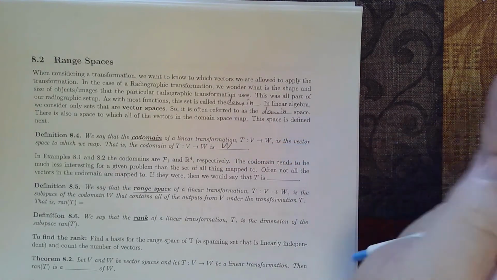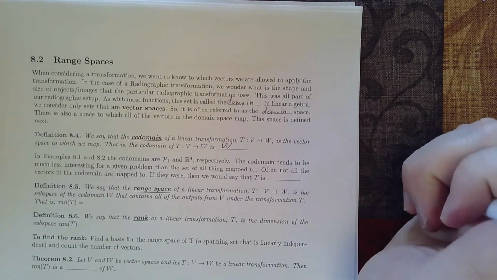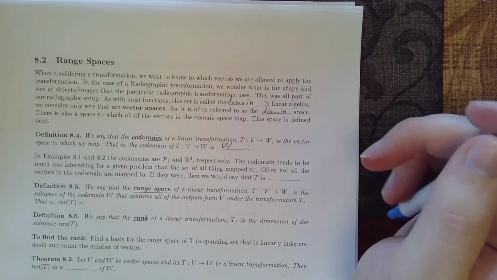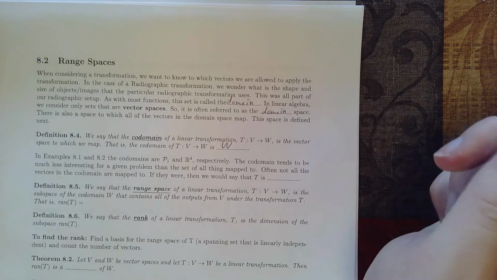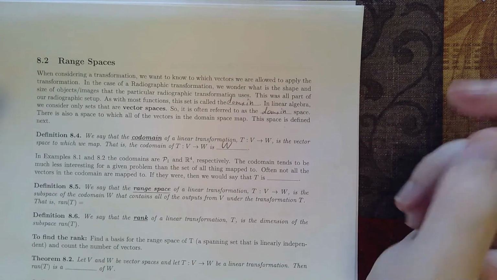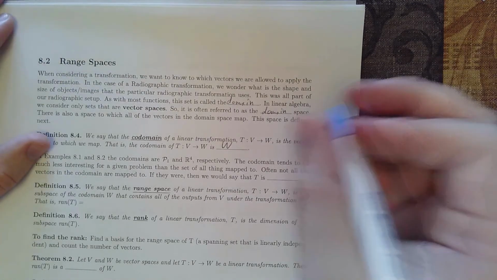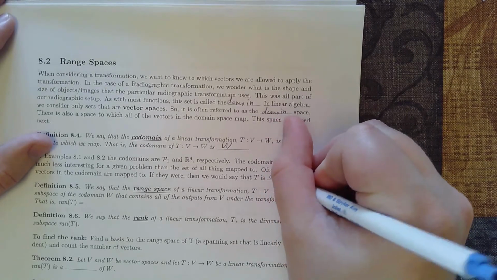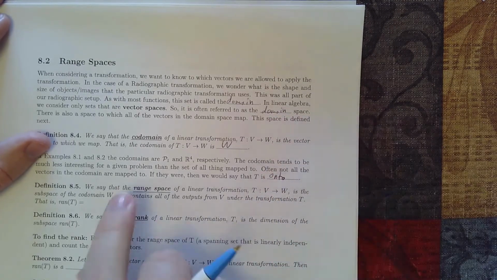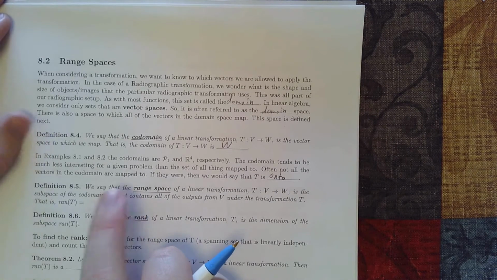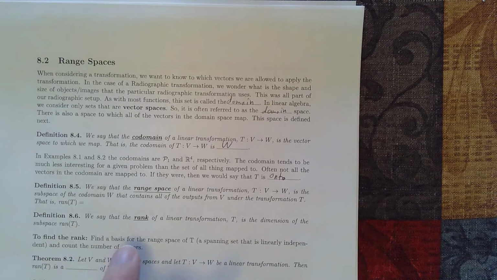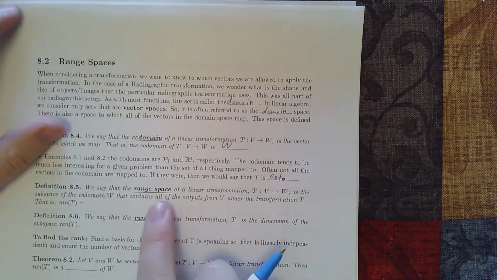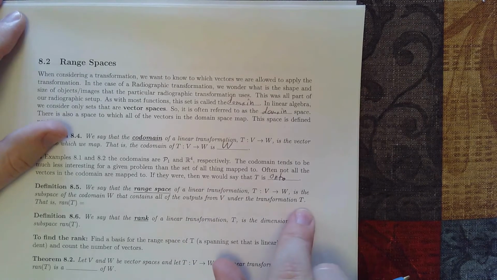The codomain tends to be much more interesting than the set of all the things that get mapped to. Often not every vector in the codomain gets mapped to, and if they did, we would say that our transformation was onto. So what we're going to have instead is this idea of the range space. So we say that the range space of a linear transformation is the subspace of the codomain that contains all the outputs from V under the transformation.